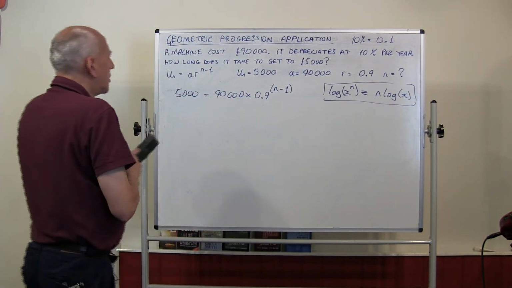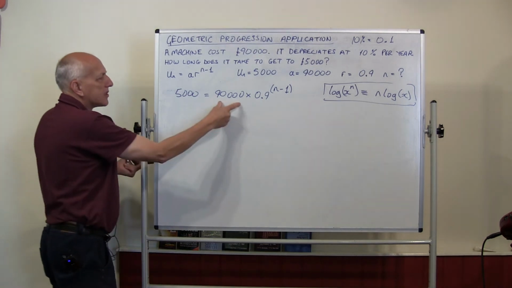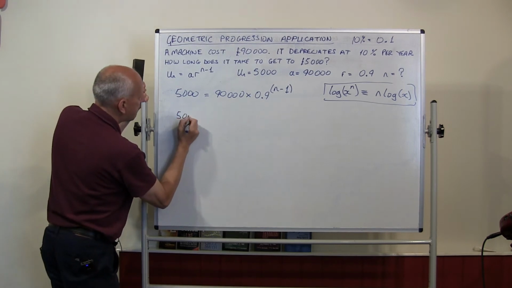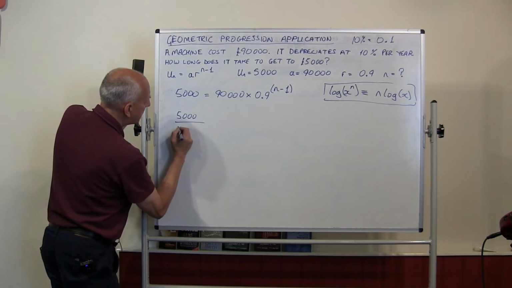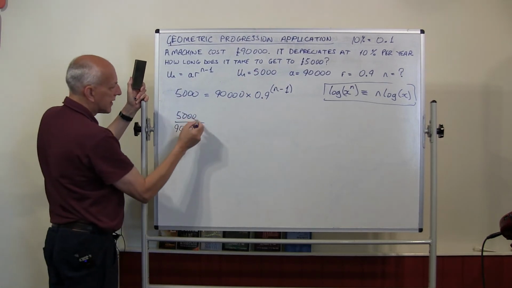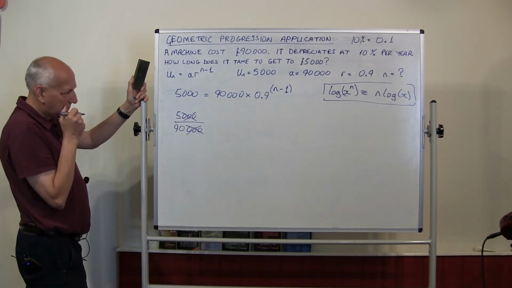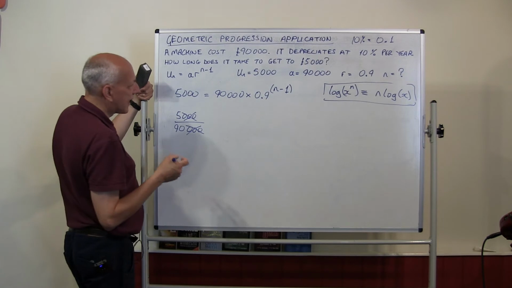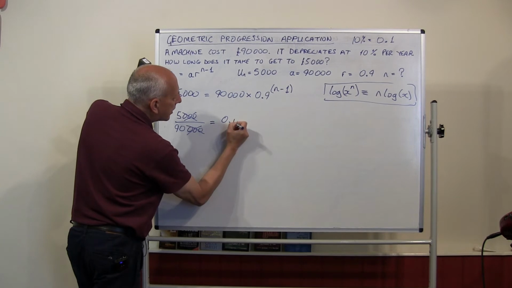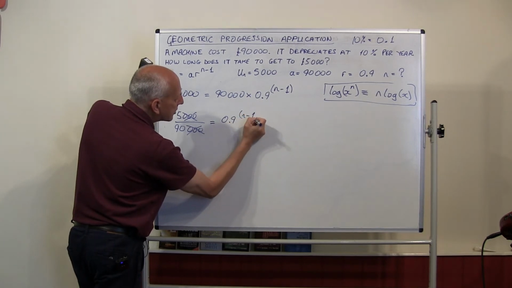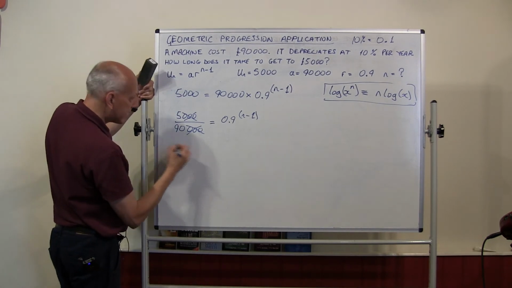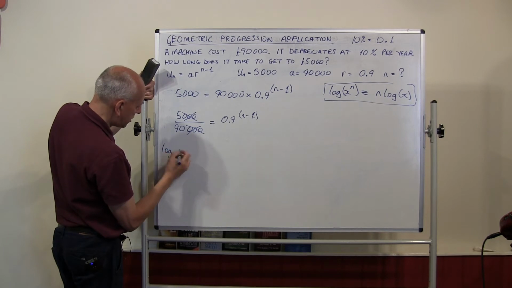The first thing we've got to do though is get this 90,000 away from this so we can apply this log law. Personally speaking, I would cancel this down. It doesn't make a massive difference when you're using a calculator, but it's just neater. So 5 divided by 90 equals 0.9 to the n minus 1. Then I apply logs to both sides, any base you wish.